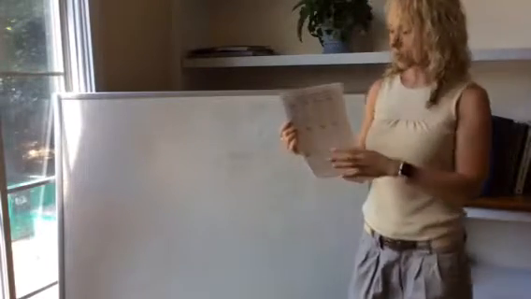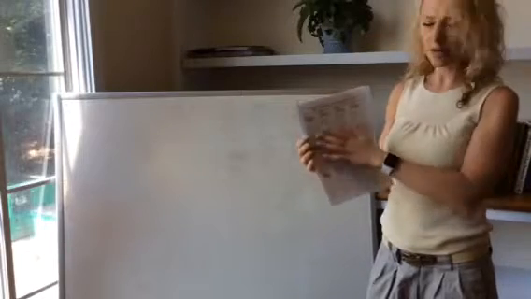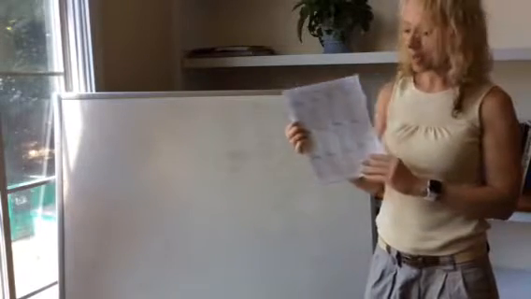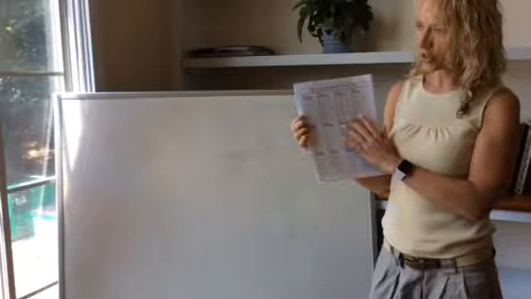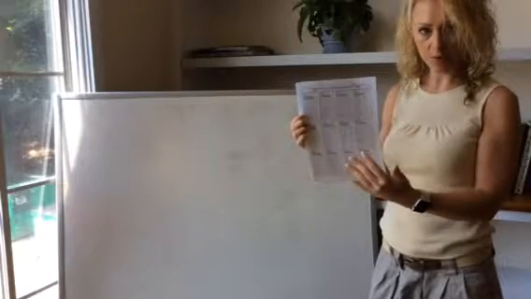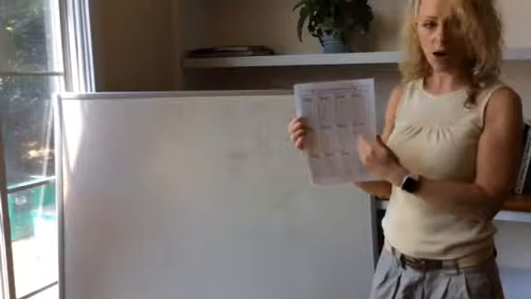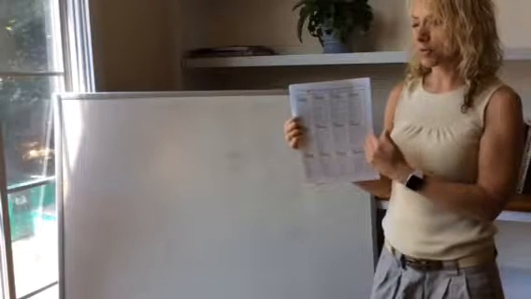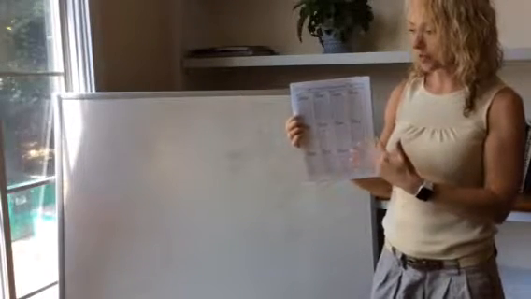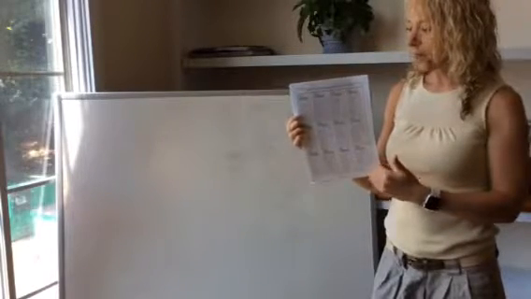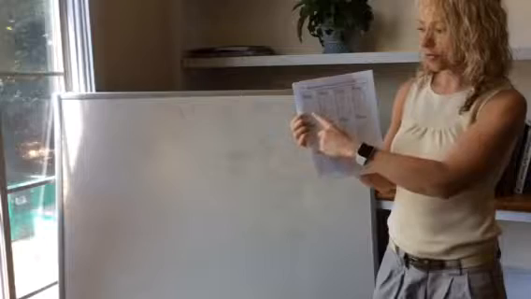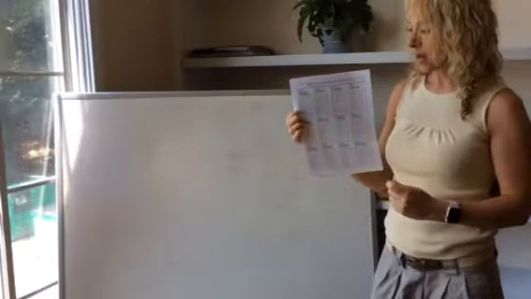But this is what we call a random rotation data sheet. And this specific data sheet, although this is frequency because we're analyzing how often an individual is able to accurately respond to our direction or a prompt, we're purposefully rotating through different stimuli.